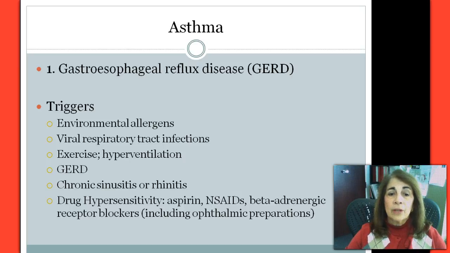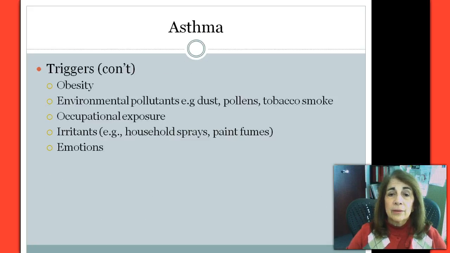GERD, chronic sinusitis or rhinitis. A drug sensitivity such as aspirin, which is a big one. NSAIDs, beta-adrenergic receptor blockers, including eye preparations. Obesity, environmental pollutants, occupational exposures, irritants, and emotions.